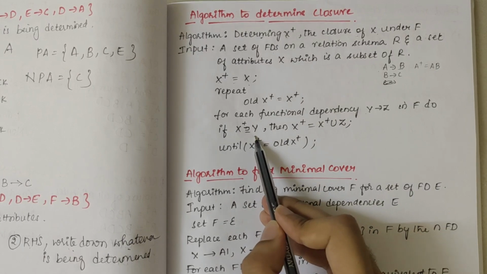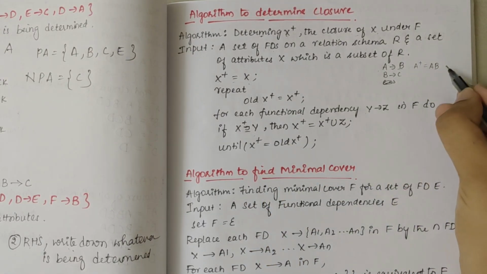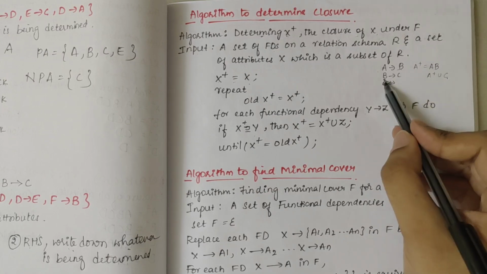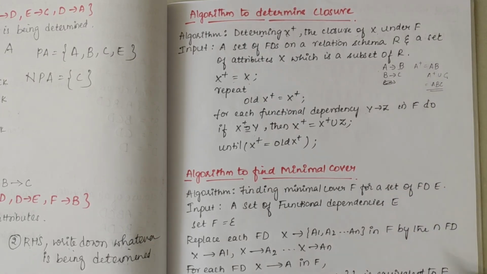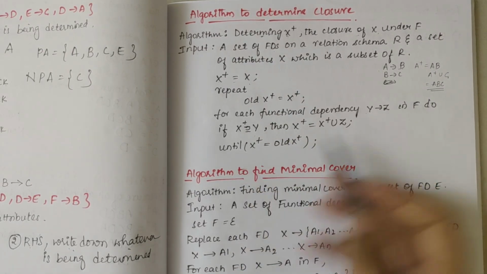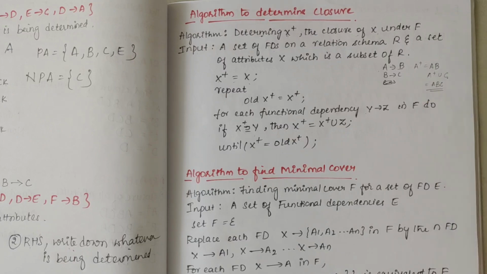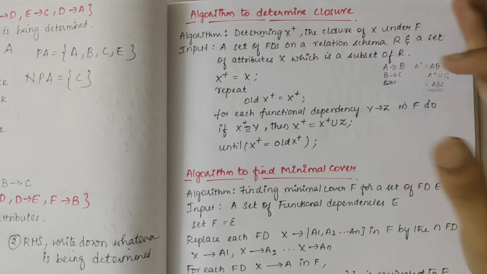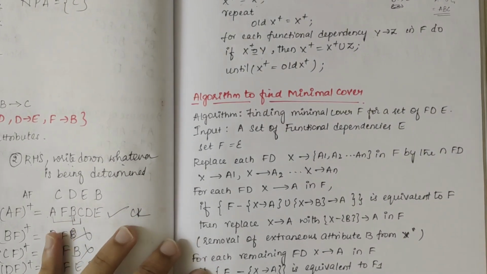Here the condition says that there's a new attribute C, such that I can write A closure union C, because C is determined by B and B is determined by A. So I can write A, B and C for A closure. That's what is explained here. You keep repeating this until nothing new is added. So that was a simple explanation of the closure algorithm, and you can write it in your own words.